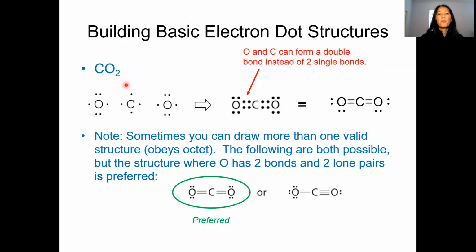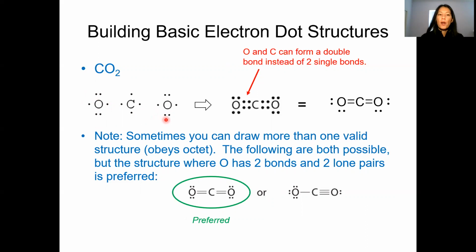The last one is carbon dioxide. Carbon has 4 unpaired electrons. Oxygen has 2 lone pairs and 2 unpaired electrons, and there are 2 of them. So what's interesting is carbon wants 4 bonds, but there aren't 4 atoms. So here you could start thinking about multiple bonds, double bonds or triple bonds.